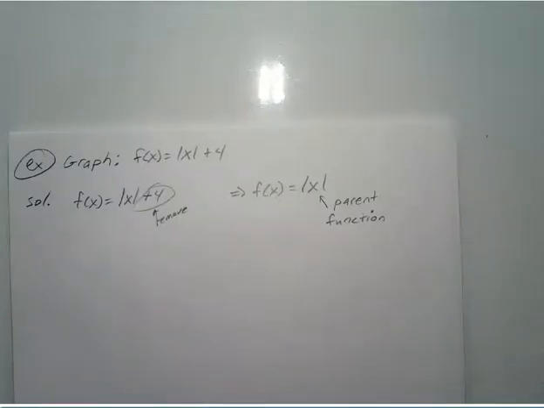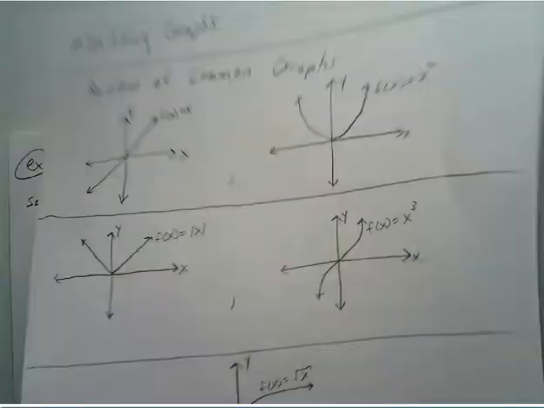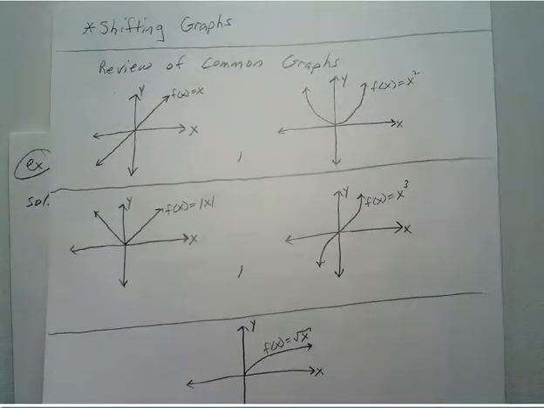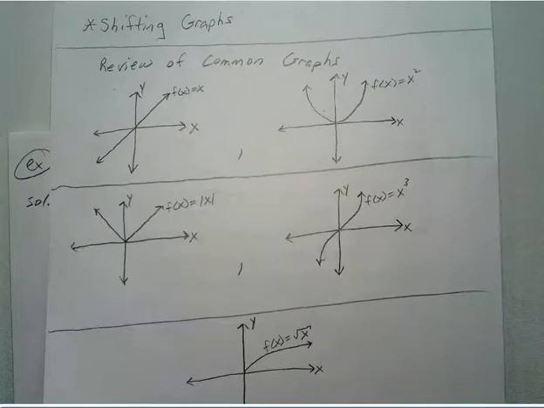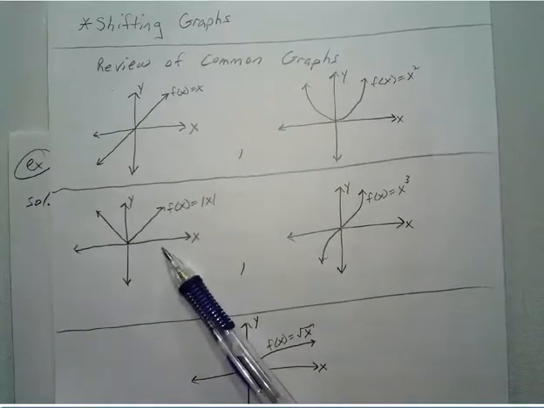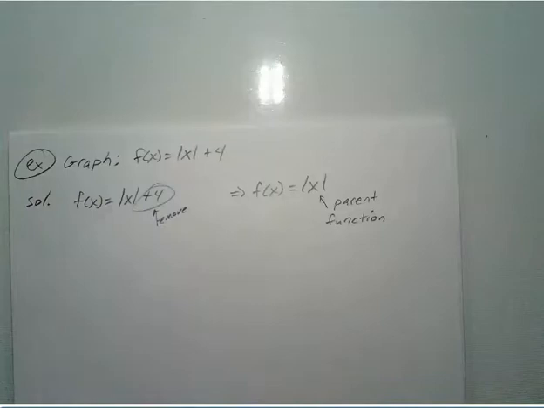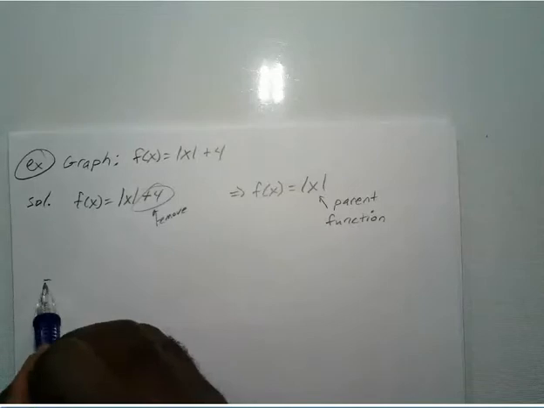Okay, now if you go back to the very first page of our common graph, absolute value of x is right here. So that's our f of x equals absolute value of x. Okay, so we're going to go ahead and draw that one.